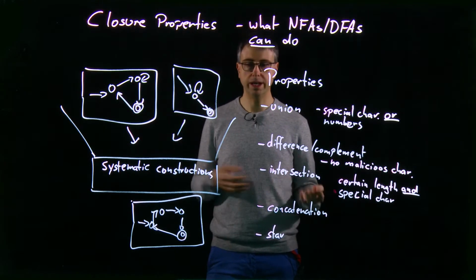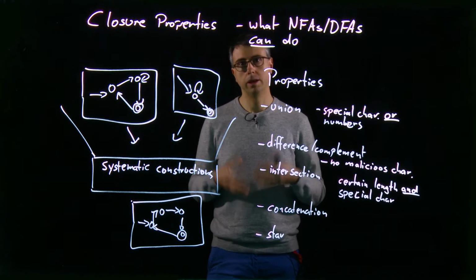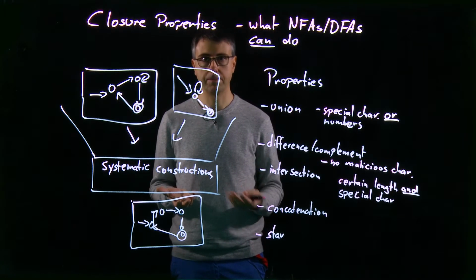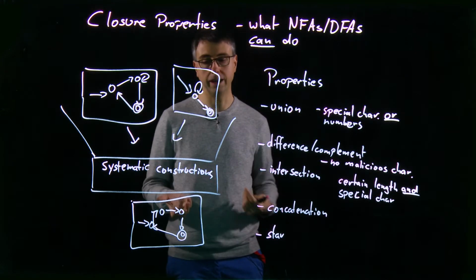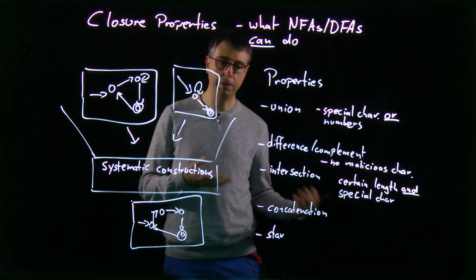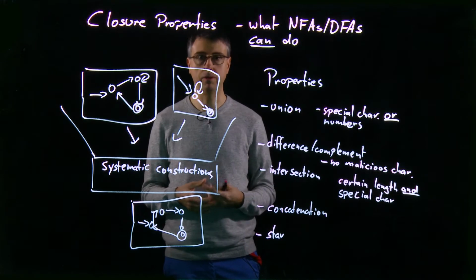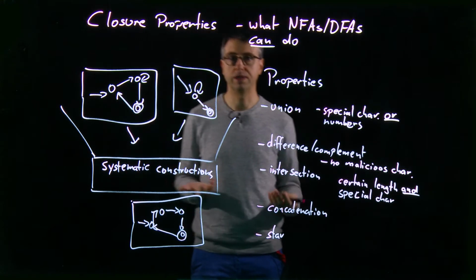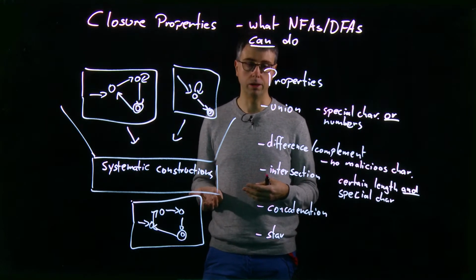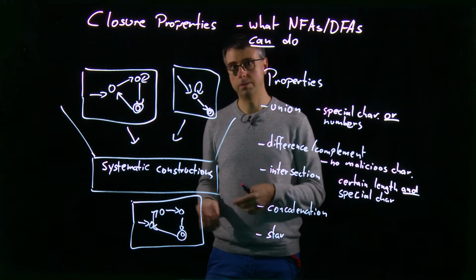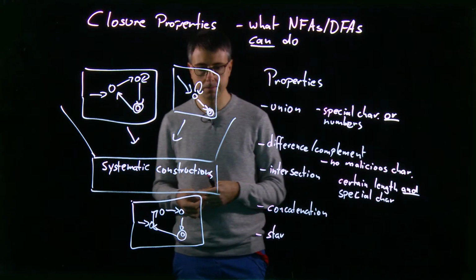If you have two natural numbers and you compute the sum, the result is still a natural number. They are not closed under division. If you divide one natural number by another natural number, it might be that the result is not a natural number. If you divide 1 by 2, for example, the result is a half, which is not a natural number. So natural numbers are closed under addition, but not under division.